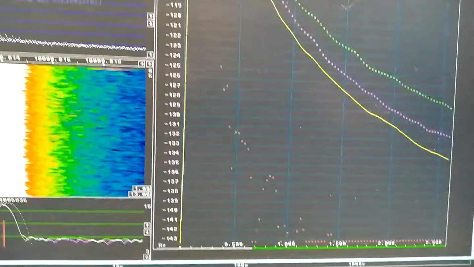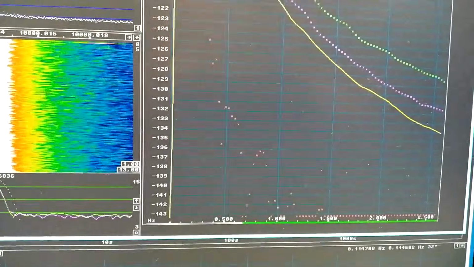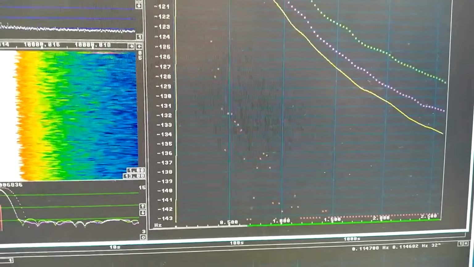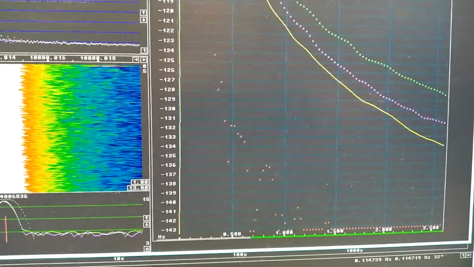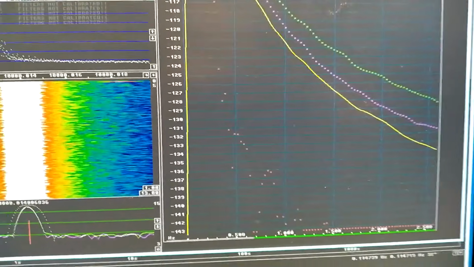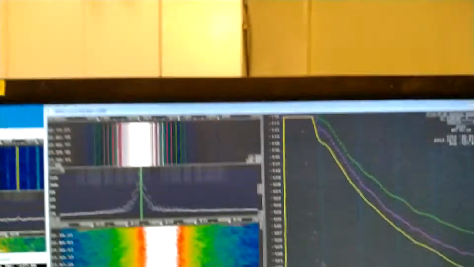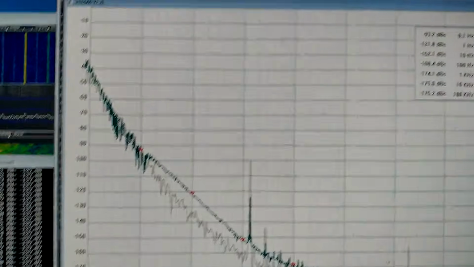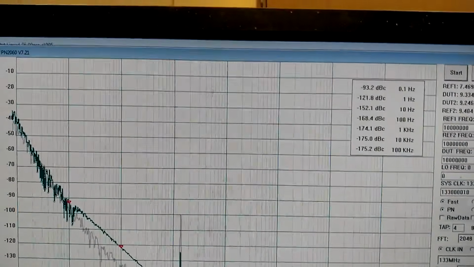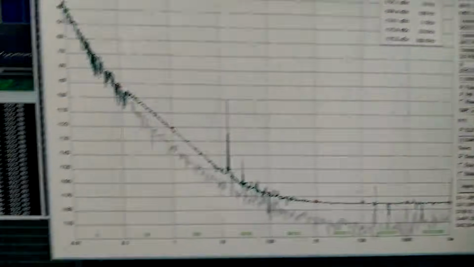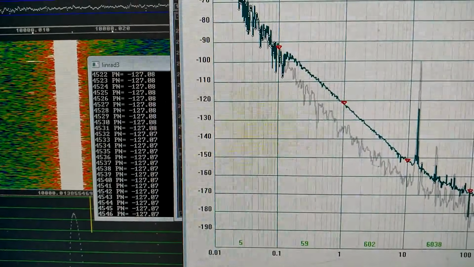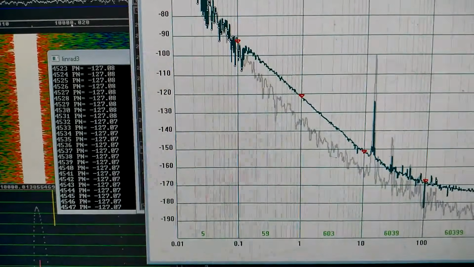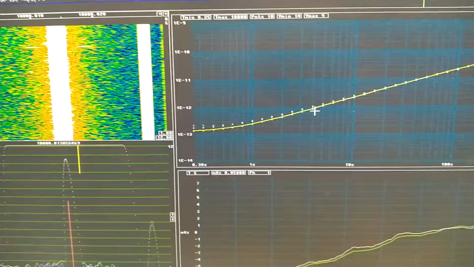The phase noise at 1 hertz offset is now minus 121.4 in Linrad. I have had the PN2060 running and it indicates 121.8 for the position of the marker, and it sits properly on the line, I think.